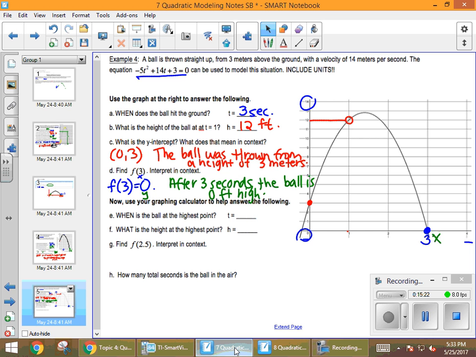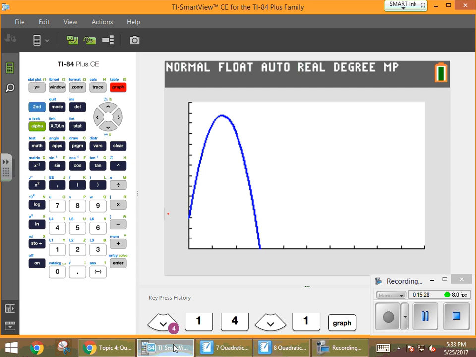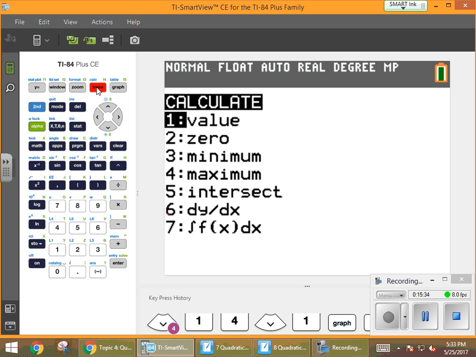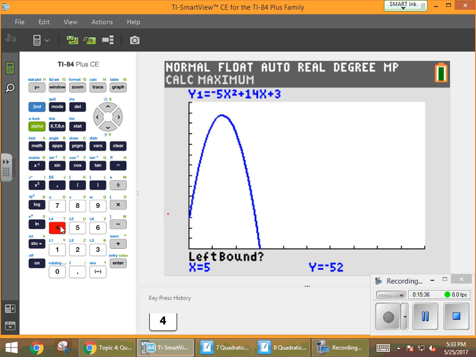Now the question they're asking me, when's the ball at the highest point? I want to know the time I get to the highest point. So I need to trace the maximum on my calculator. I'm going to go second trace down to number 4, which is maximum. I need to find a left bound, so I'm going to take my cursor, oops, it's a little too far, so we're to the left of the vertex.